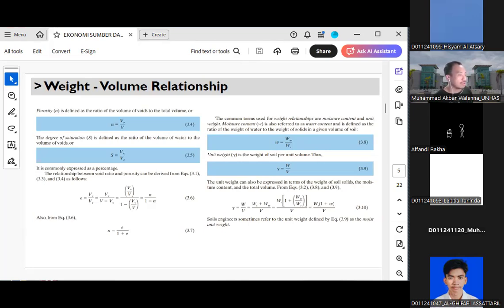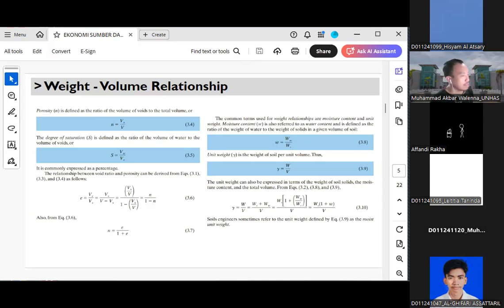When it comes to this formula, the total unit weight of soil depends on the weight of solids plus water, and I think it is really presented in the formula. That's why the formula always includes the term 1 plus moisture content, because when moisture content increases, the soil gets heavier.